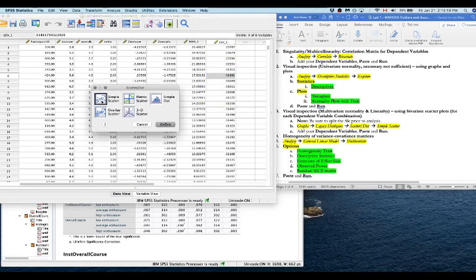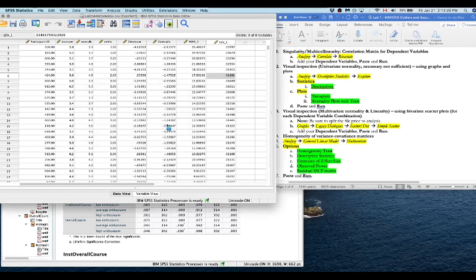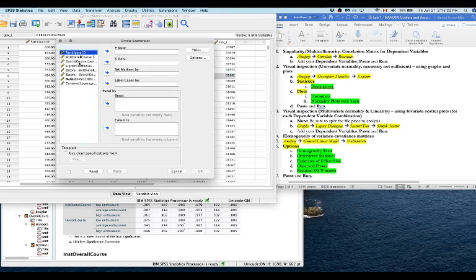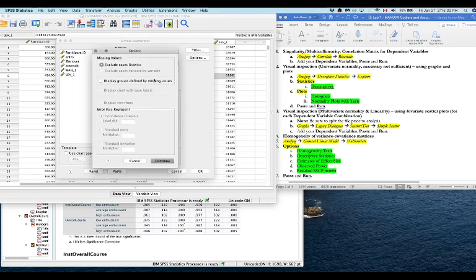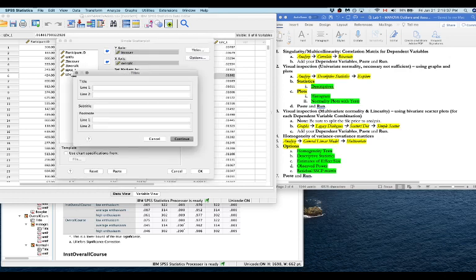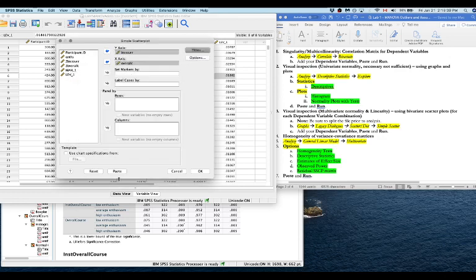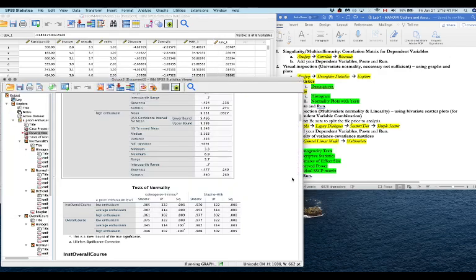So I want a simple scatter. And now we're just going to put the independent variable over and overall course there. I don't think we care about any of this, because we're just looking at this for now. I'm just going to run.